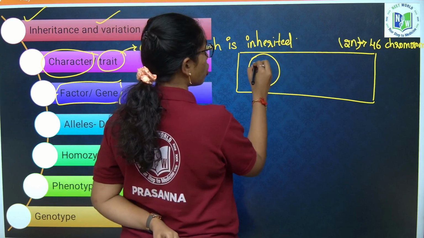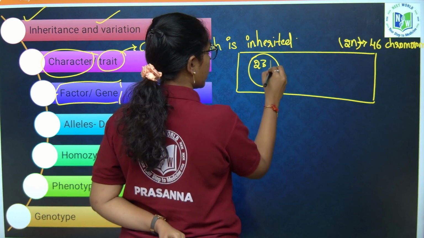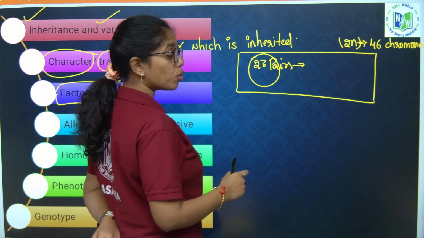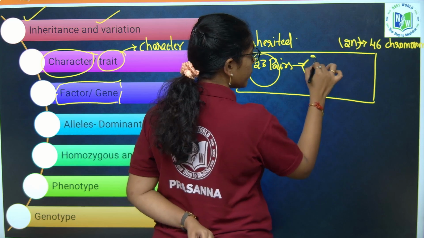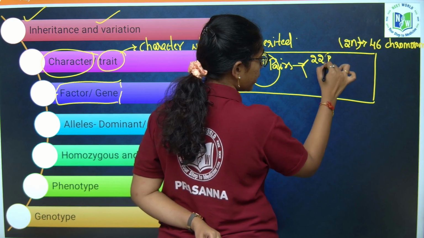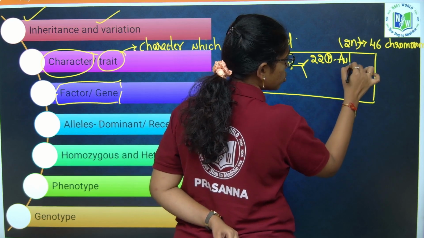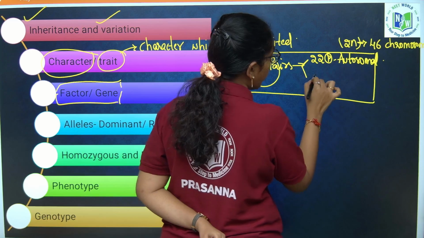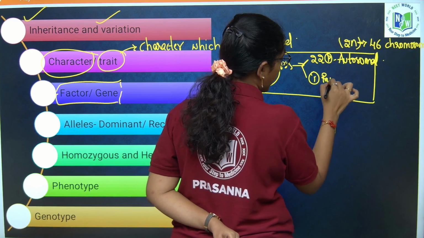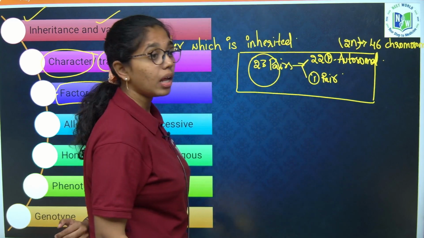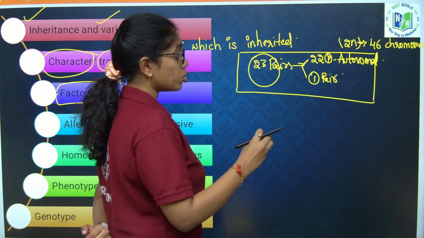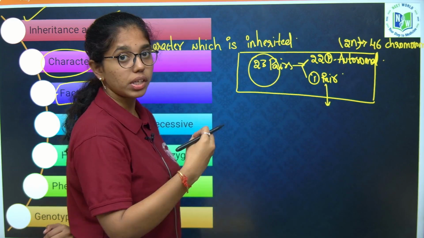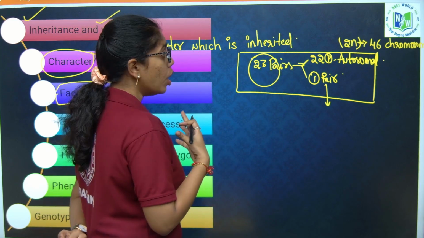Of 46 chromosomes, or 23 pairs, how many are allosomal and how many are autosomal? 22 pairs are autosomal and one pair is allosomal, which is involved in sexual reproduction and transfers the traits or characters into the progeny.